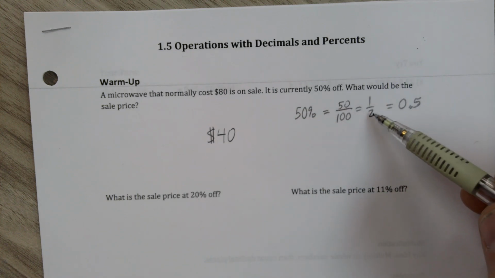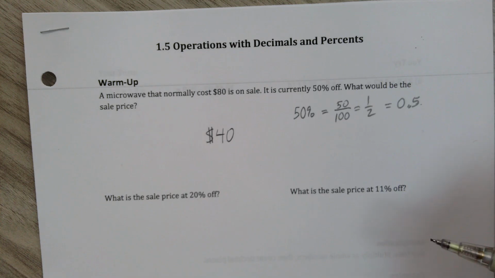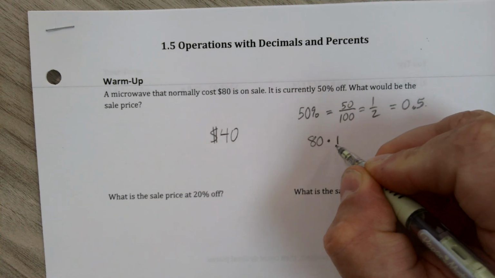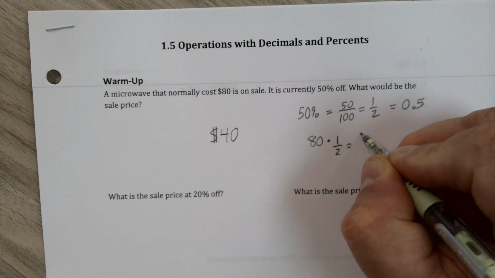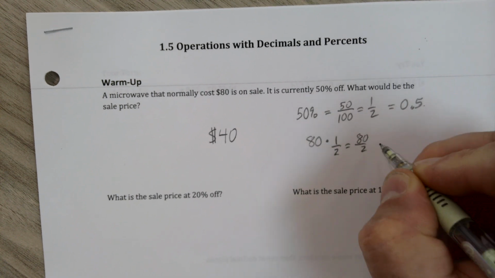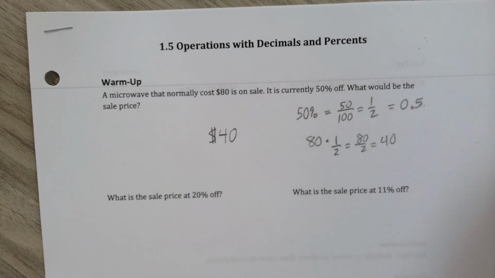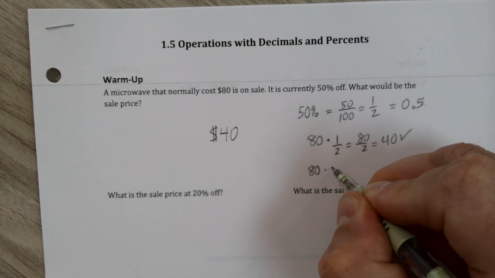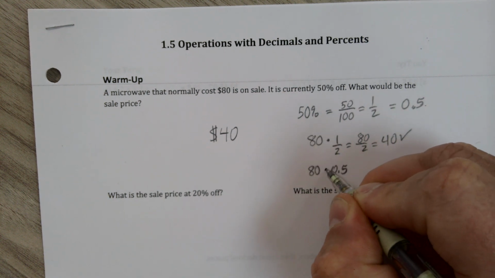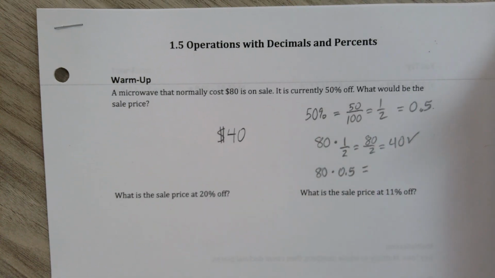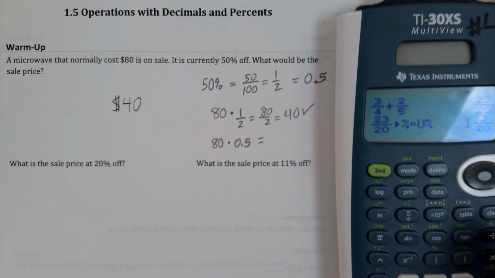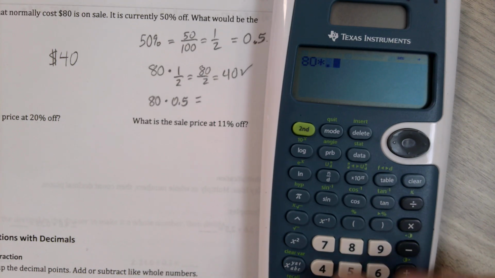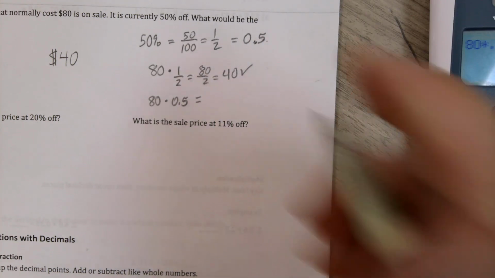We usually use the decimal form or the fraction form. So if we take our $80 and we multiply it times the 1/2, you wind up with 80 over 2, which is 40, and there's your $40. Or if you did the 0.5 and multiplied that, if we do that on a calculator, we will have 80 times 0.5, which once again gives you your 40.